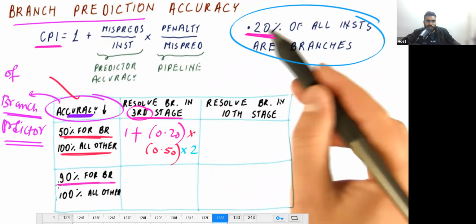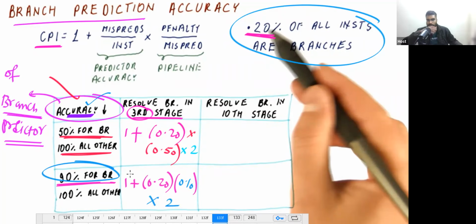So this is your answer for this case. For this case, what will be the equation? 1 plus the number of branch instructions you have, but 90% are accurate. So the remaining are the mispredictions, and for the remaining you get 2 stalls.